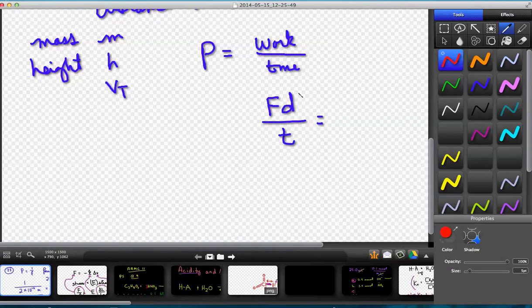Distance over time is acceleration. Or excuse me, not acceleration, it's velocity. What's the force? It's going to be mg. What's the velocity? It's the terminal velocity.